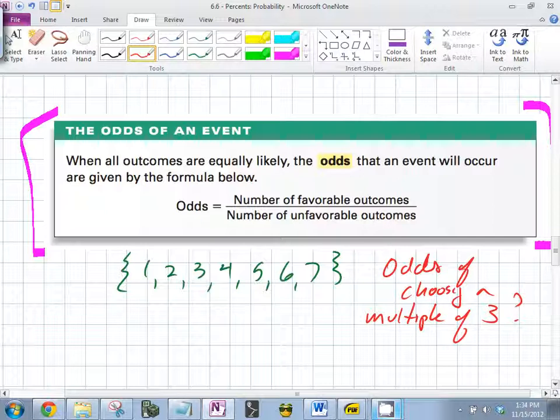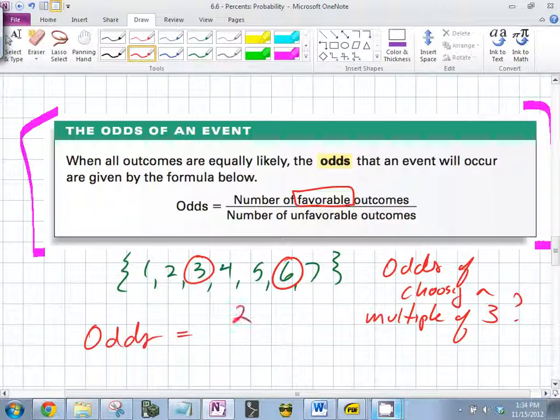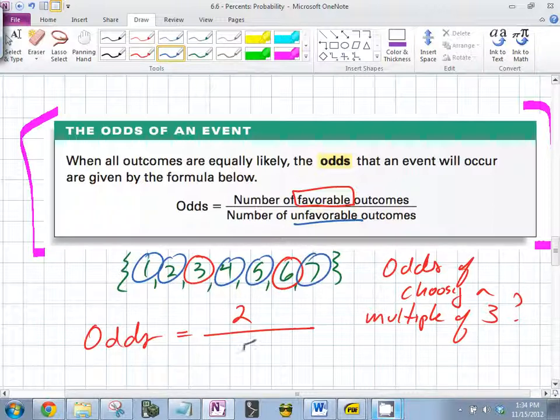How many favorable outcomes are there? Which numbers are multiples of 3? 3 and 6. So the odds of choosing a multiple of 3 are going to be 2, because there's 2 possible ways to choose a multiple of 3, over the number of unfavorable outcomes. There are 1, 2, 3, 4, 5 of them. So the odds of you choosing a multiple of 3 out of this set of numbers is 2 out of 5.